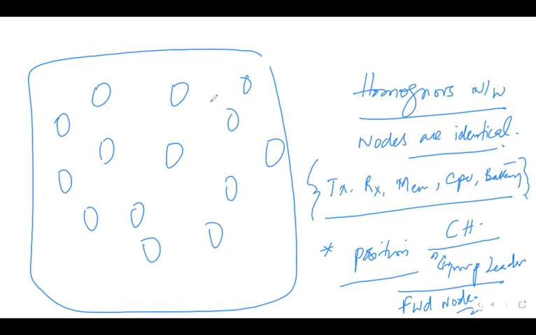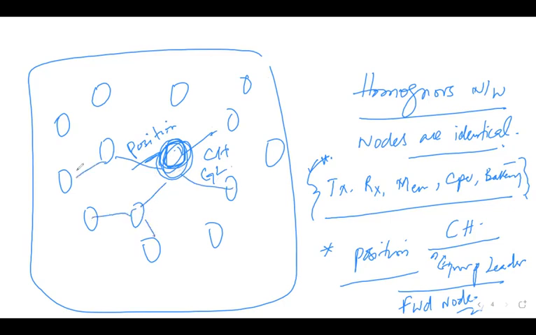So for example, if out of all these nodes we want to decide a group leader, this node can have the possibility to become the cluster head or group leader. And this is not based on characteristics such as resources available, but on its position. And position is very important here because it can provide access to all these nodes from here at the same time.